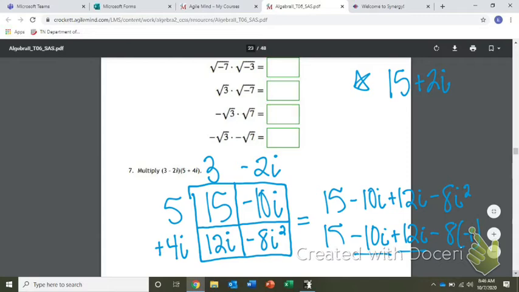And a negative 8 times a negative 1 makes a positive 8. Then we have to combine our constants. 15 plus 8 is 23 plus 2i. Is this in the right form? What has to come last every single time? The i. Okay? So that would be my answer.